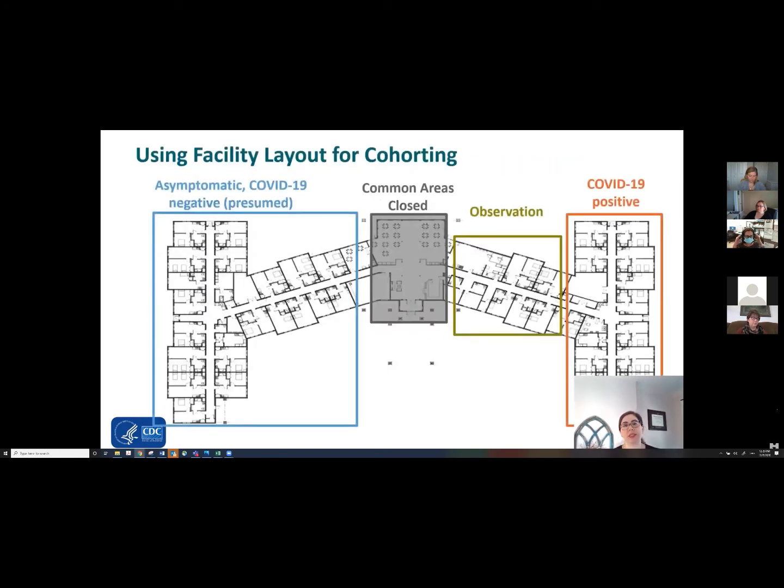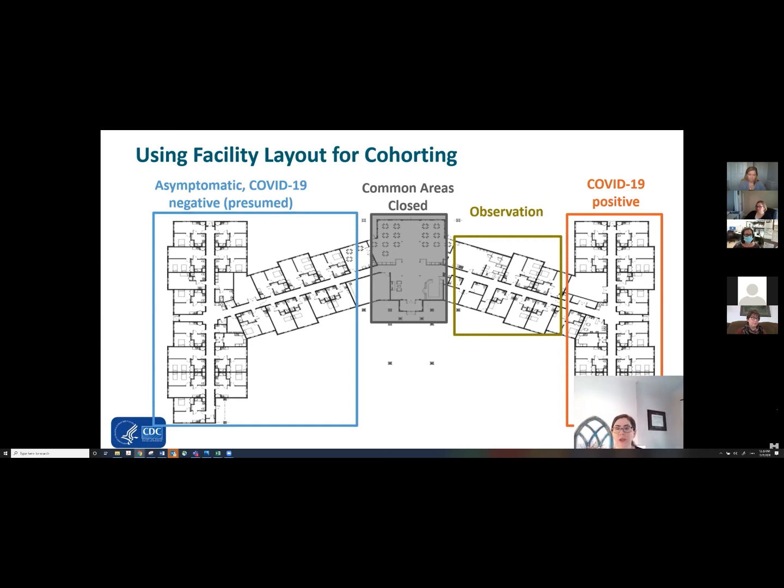So I want to use this somewhat simple facility layout to walk through describing this. This is actually from a nursing home that CDC and others were deployed to at some point during this outbreak. And this picture describes how they laid out their building.